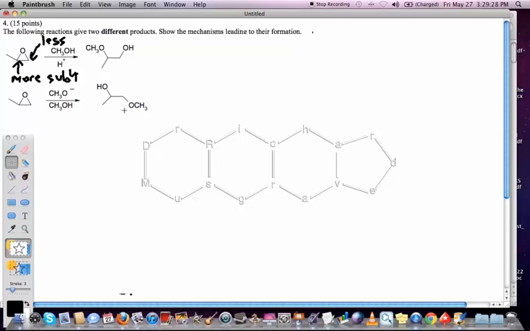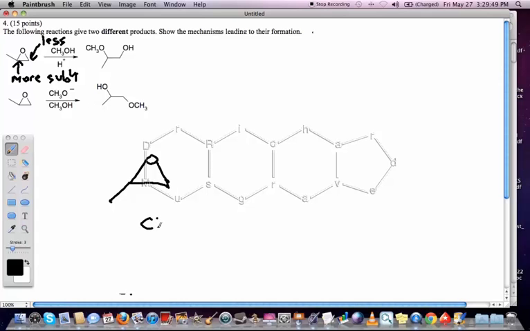Now in this case we can see the OCH3 has ended up on the least substituted side, which happens to be primary. So this is going to be a prime candidate for an Sn2 type mechanism. Now given the choice of these two reagents, I'm going to react the charged one, because that's always the more reactive of the two.